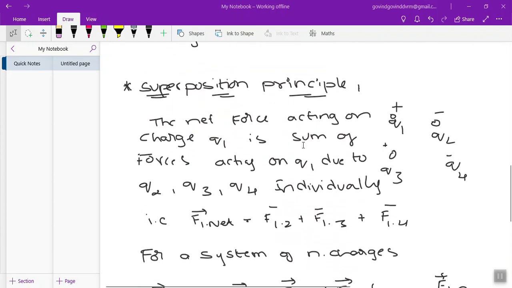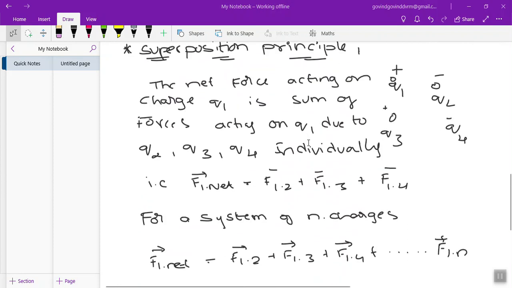Superposition principle. The superposition principle deals with the force acting on a charge when there are multiple charges around it. It states the net force acting on charge q1 here in the diagram.